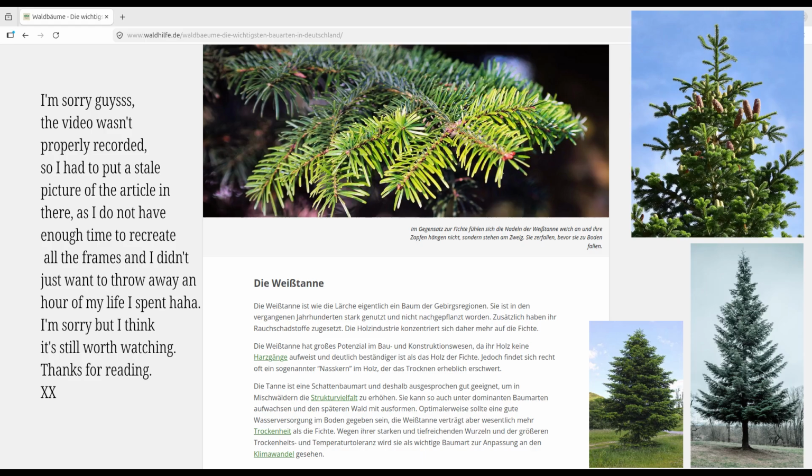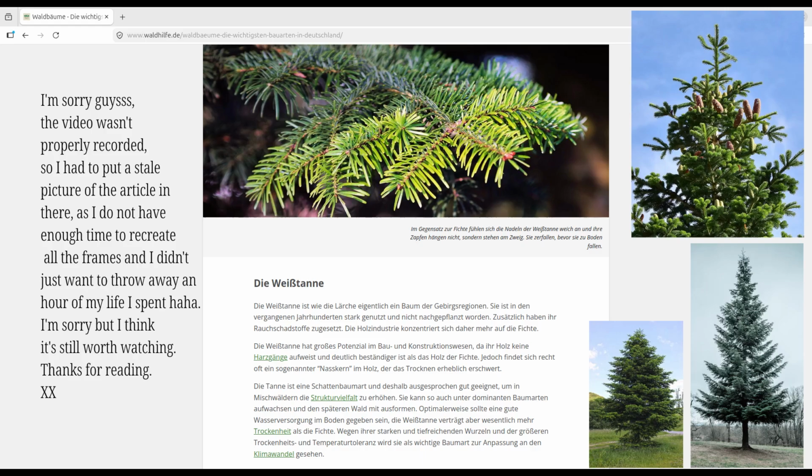Basically in English it's translated but stand, you could say. Stehen means to stand. Am, at the, an dem. Am is always an dem. And Zweig, we had that before, that was branch. So im Gegensatz zur Fichte fühlen sich die Nadeln der Weißtanne weich an und ihre Zapfen hängen nicht, sondern stehen am Zweig.